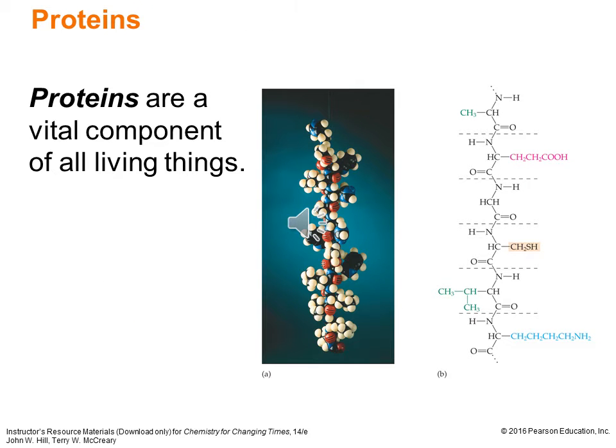Okay, so far we've talked about carbohydrates and lipids, and as we saw, both those classes of macromolecules tend to be used for energy storage and production, although as we saw with cellulose, that was a carbohydrate that actually had more of a structural function.